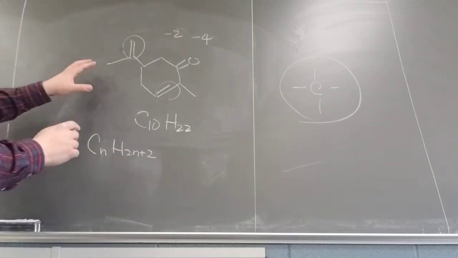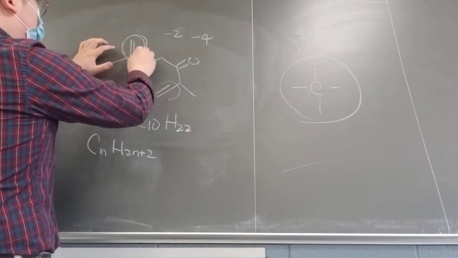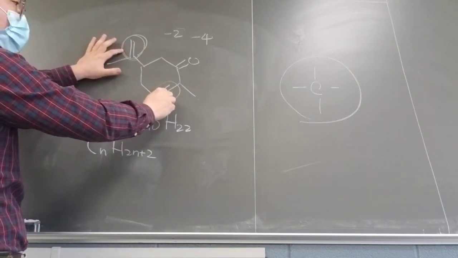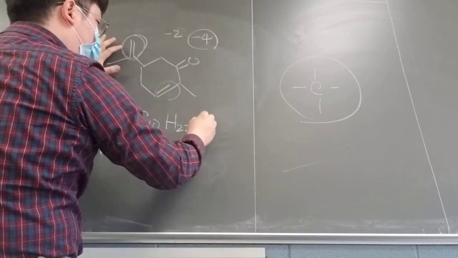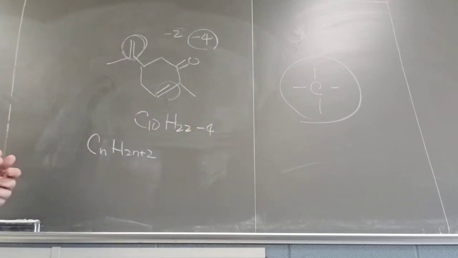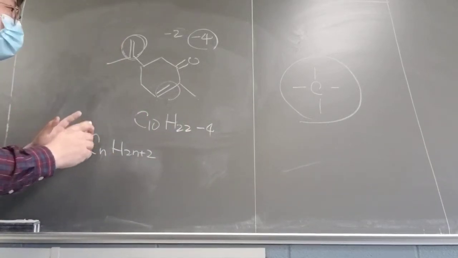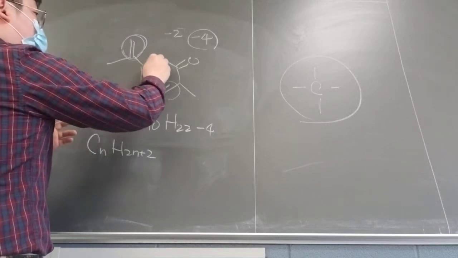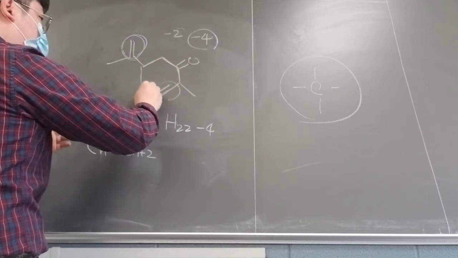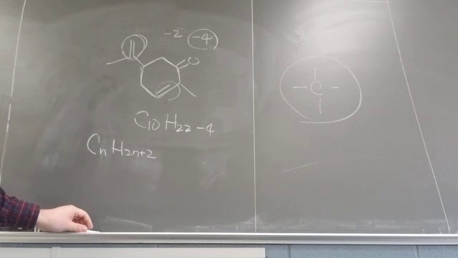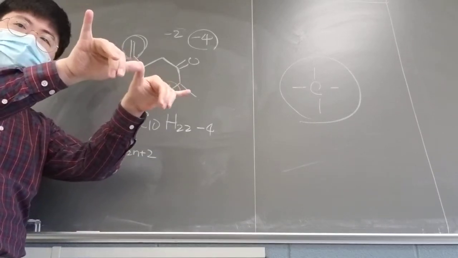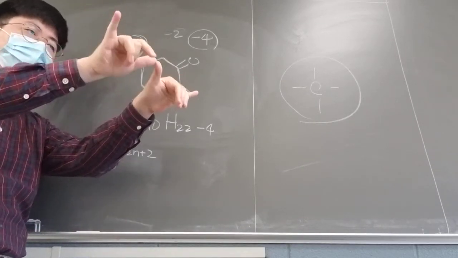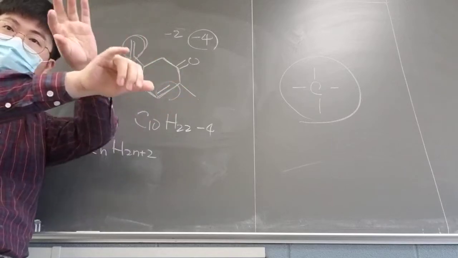But the problem is you have 2 double bonds, so you're losing 4 hydrogen already. Okay, but the thing is you have a ring structure. Ring structure, meaning if it's linear, the terminal carbons will have 3 hydrogen, right?